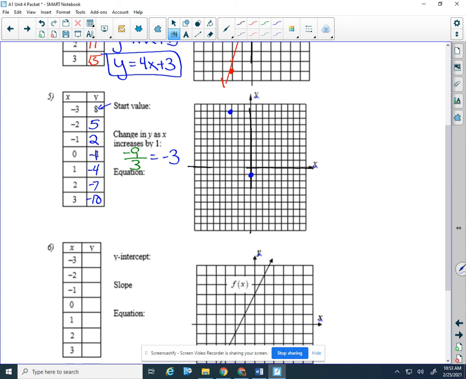Okay, so now connect my points. Our starting value is the y-intercept. And our equation, y = mx + b. If your b is a negative number, you could put plus -1, but you could also just use less ink and just write -1.